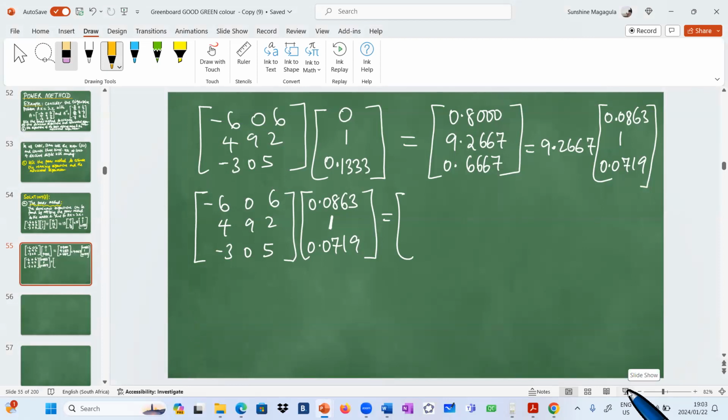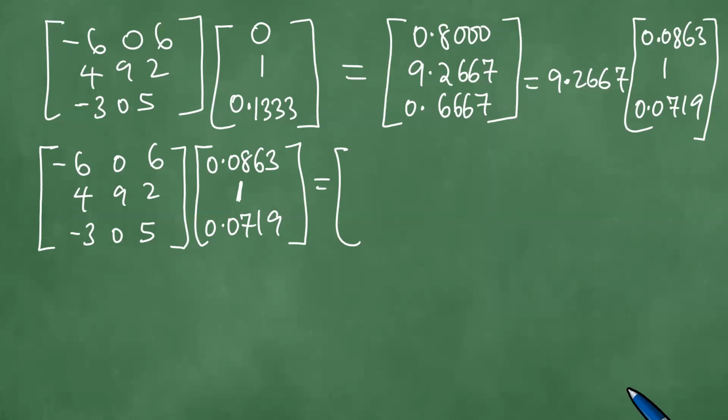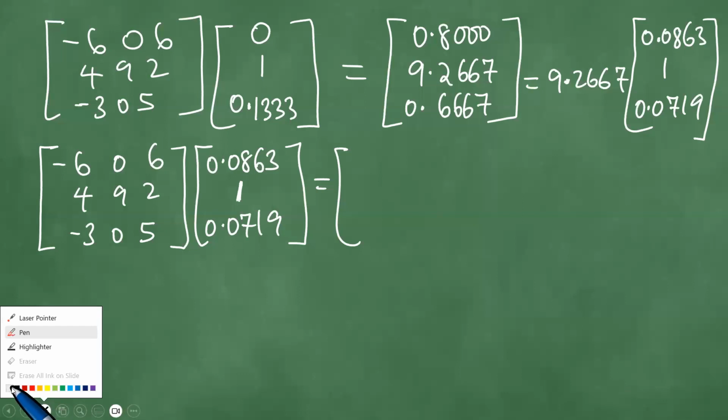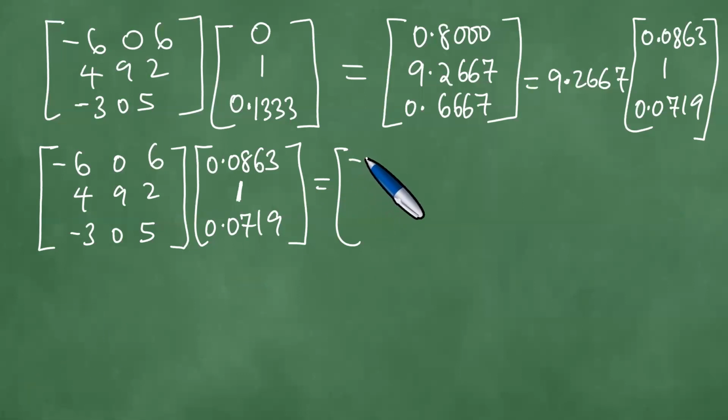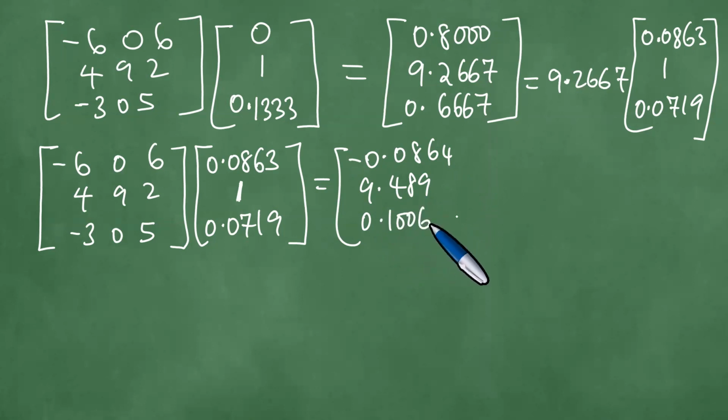And then now with this said, we proceed. So what is the meaning of this? Right, the meaning of this here is that when we multiply, we're getting the minus 0.0864, 9.484, 0.1006.